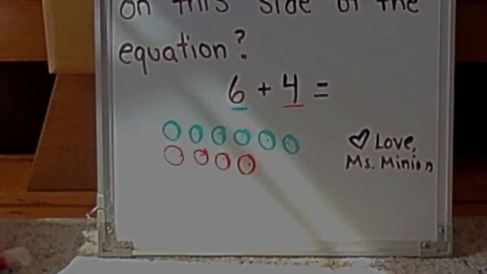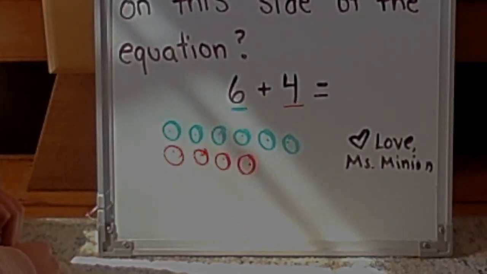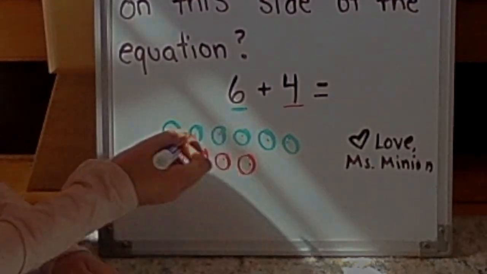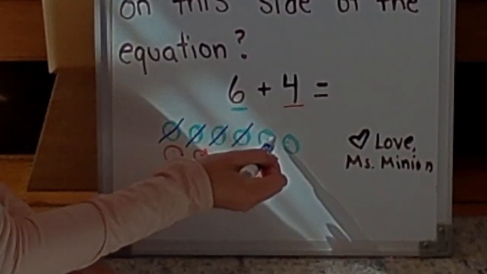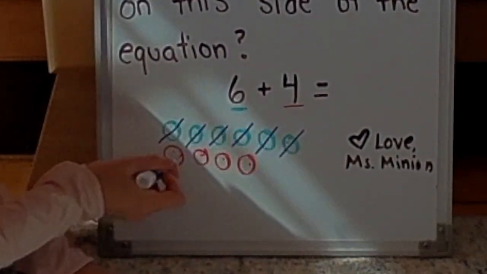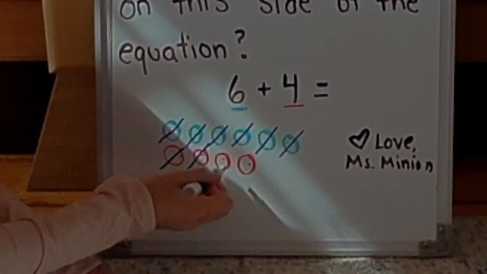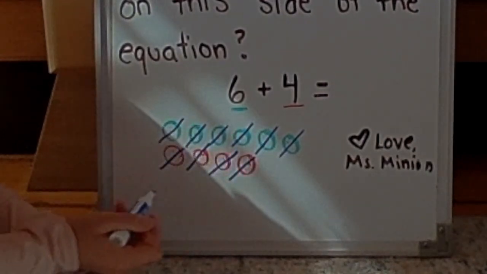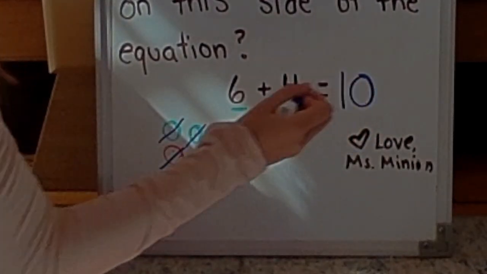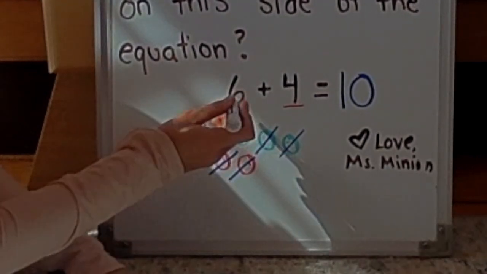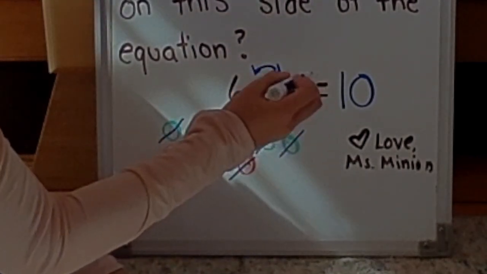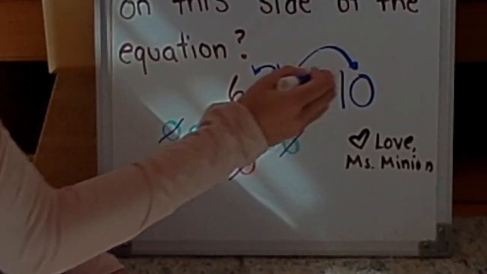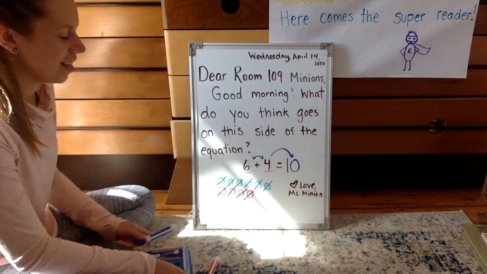How many in all? Let's count them. 1, 2, 3, 4, 5, 6, 7, 8, 9, 10. There are 10 in all. 6 and 4 together is the same as 10 in all.